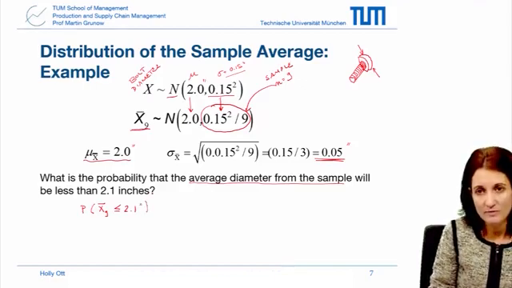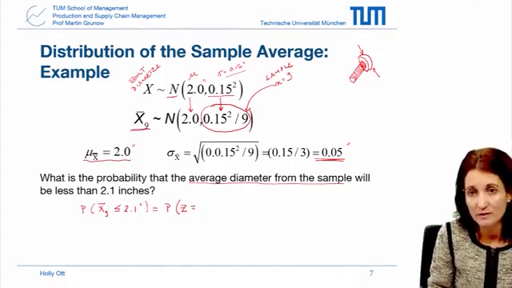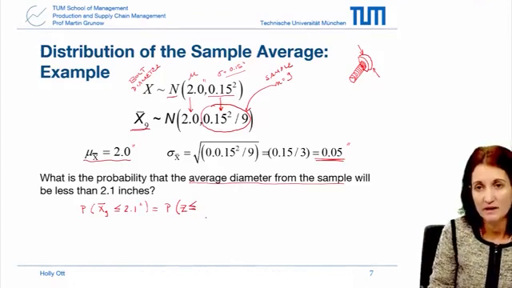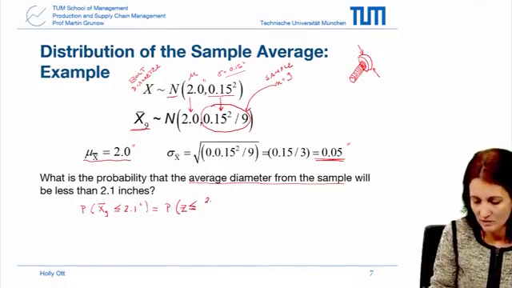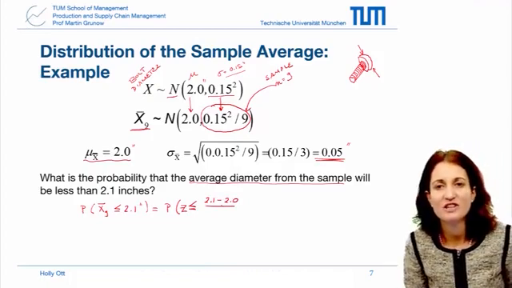And what did we have to do? To get the probabilities, we had to do our transformation and change to the z parameters so we could use our tables. Z is less than or equal then to 2.1, which is what we're looking for, minus the mean over the standard deviation. But which standard deviation should we use?